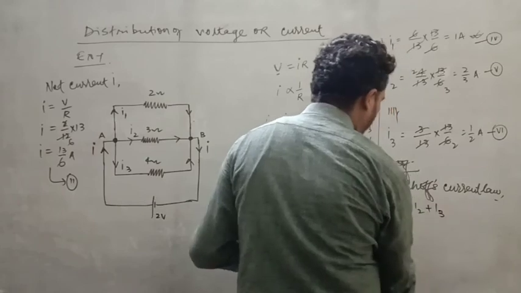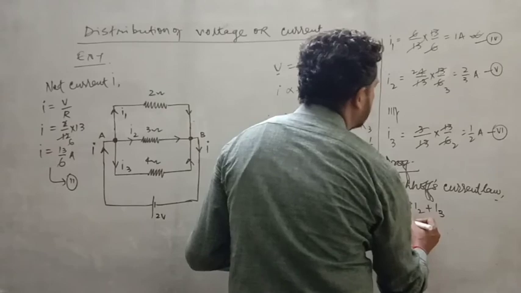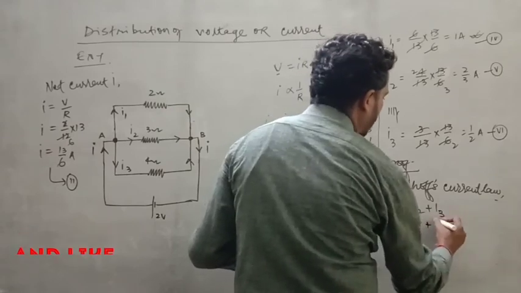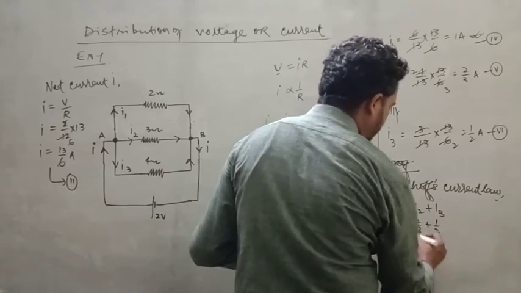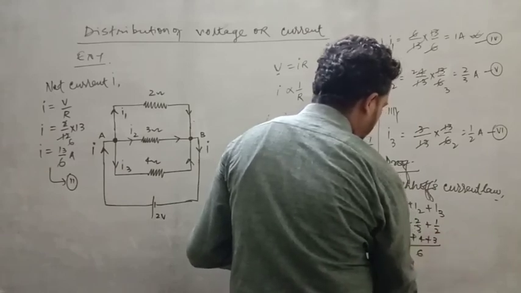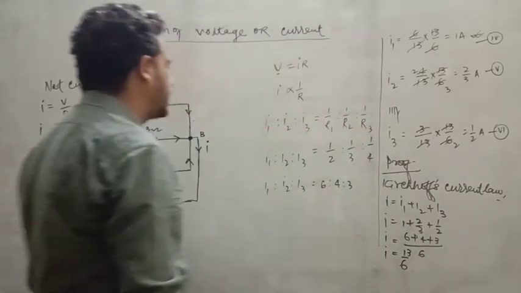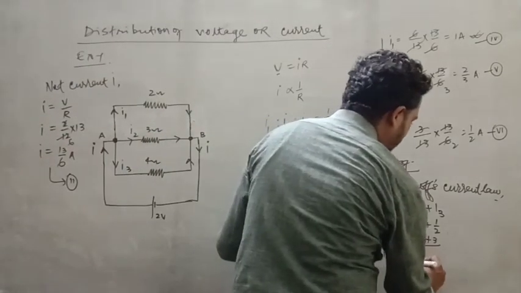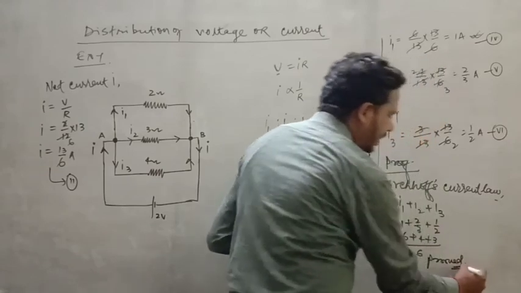Now put the values: I1 is 1, I2 is 2 by 3, and I3 is 1 by 2. So you get 6 plus 4 plus 3, so I is equal to 13 by 6 ampere, which matches the earlier equation. Hence proved. Using this way you can calculate.